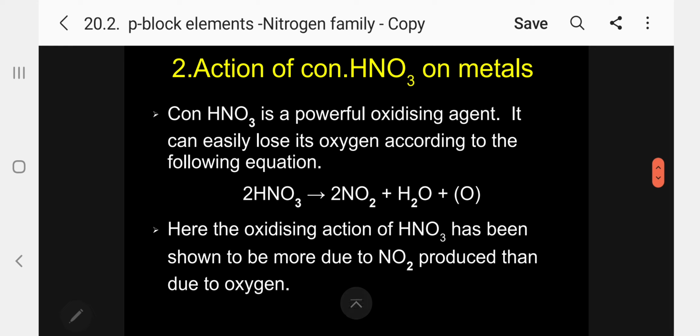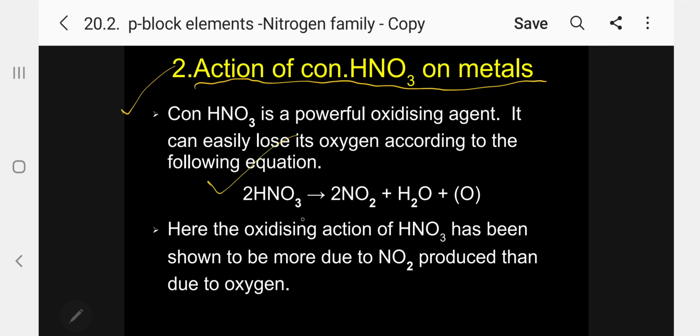Now let me continue with the action of concentrated nitric acid. So far I have discussed dilute nitric acid. Now we concentrate on concentrated nitric acid on metals. Concentrated nitric acid is a powerful oxidizing agent. It can easily lose its oxygen according to the following equation: 2 moles of nitric acid gives 2NO2, H2O and atomic oxygen.